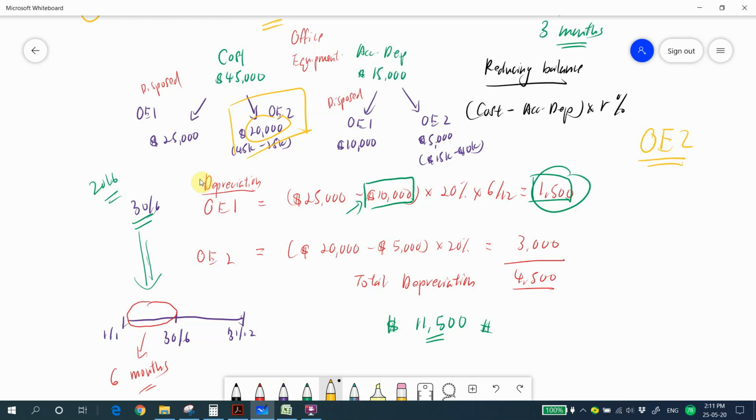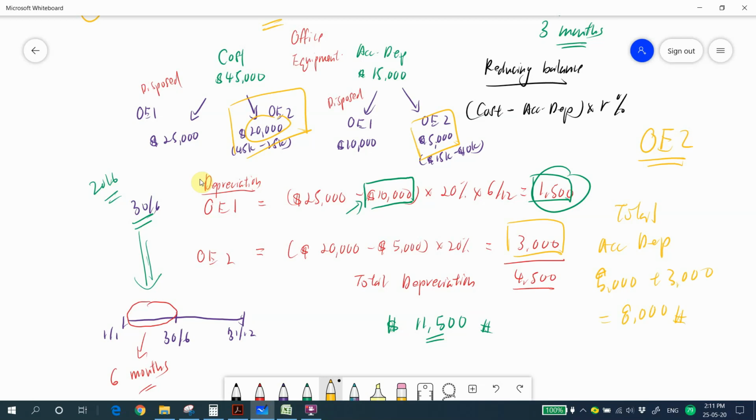And how about the accumulated depreciation? At the early of 2016, we have 5,000 as accumulated depreciation. This year charging of depreciation is 3,000. It means that the total accumulated depreciation for office equipment 2 is 5,000 plus 3,000, 8,000.